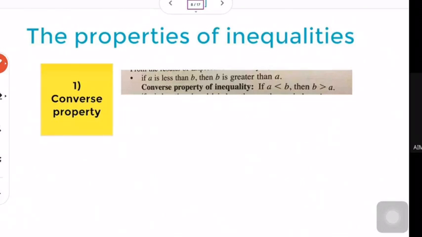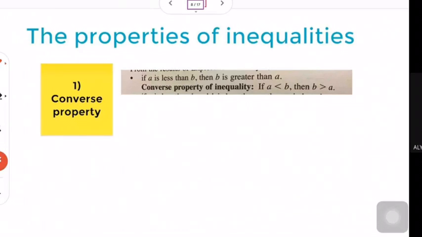Okay, apa maksud converse property? Converse property. It's like, here, okay, tengok sini. If A is less than B, then B is greater than A. Dia macam terbalikkan lah. Kalau cikgu kata, Alia Adelina is the daughter of Muhammad Ilhami.